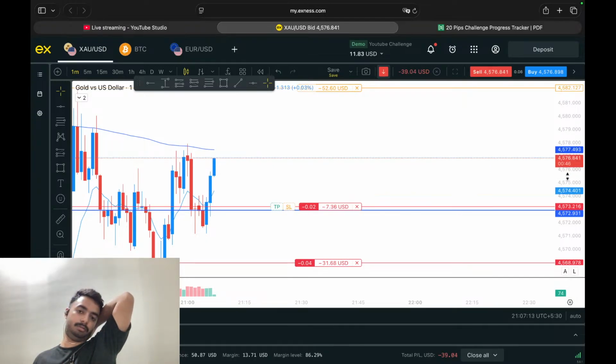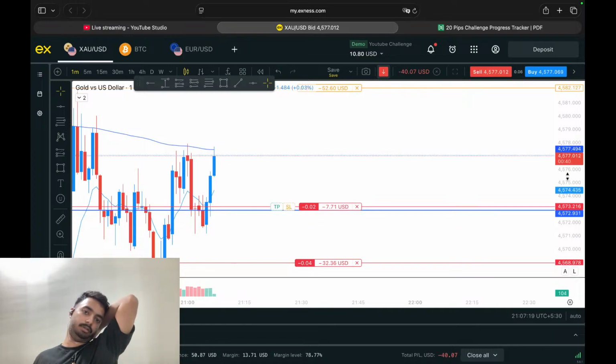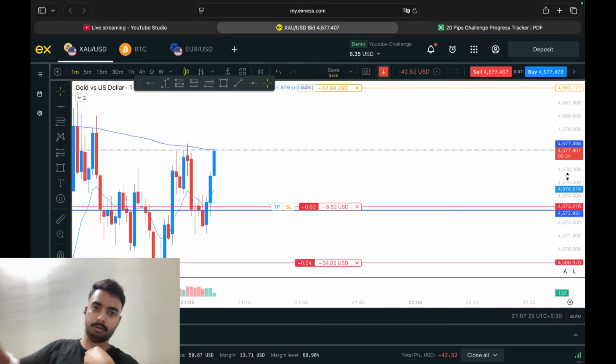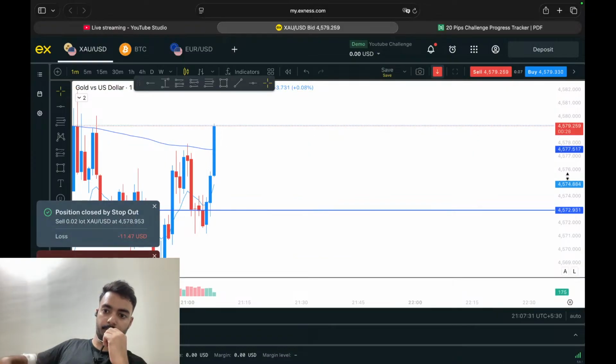Mm, it is not looking good for us, and we can possibly blow our account in this challenge phase. Let's see how it goes. We are on the verge of blowing it, and we did actually blow.